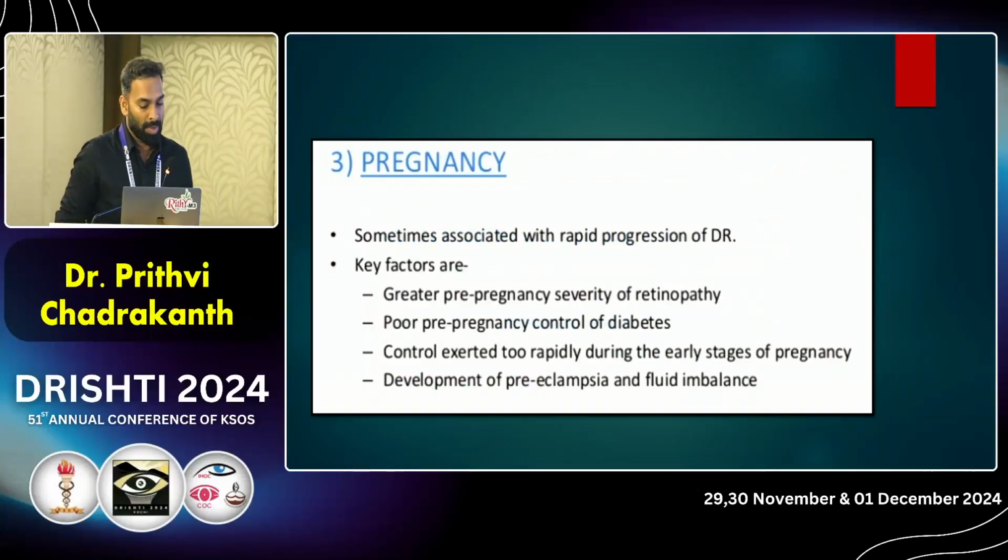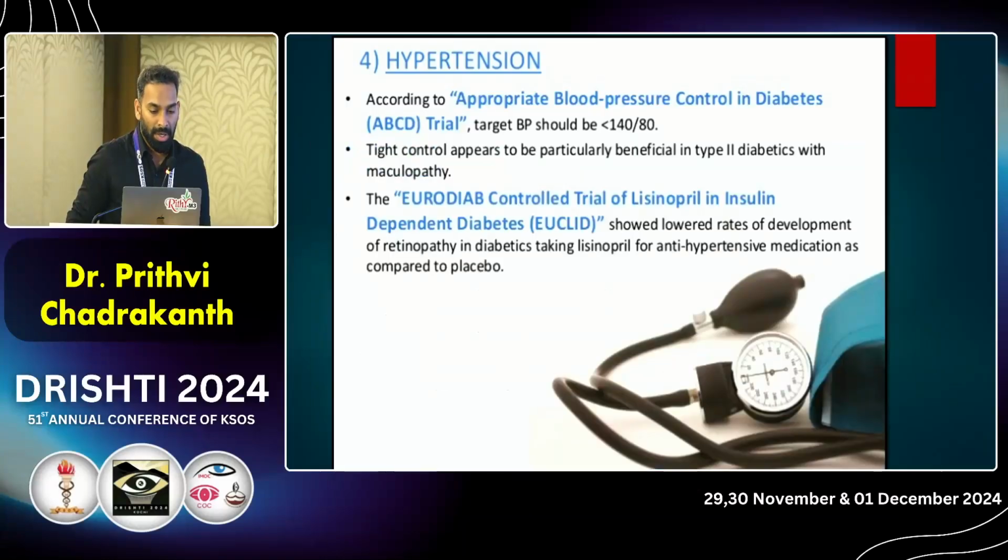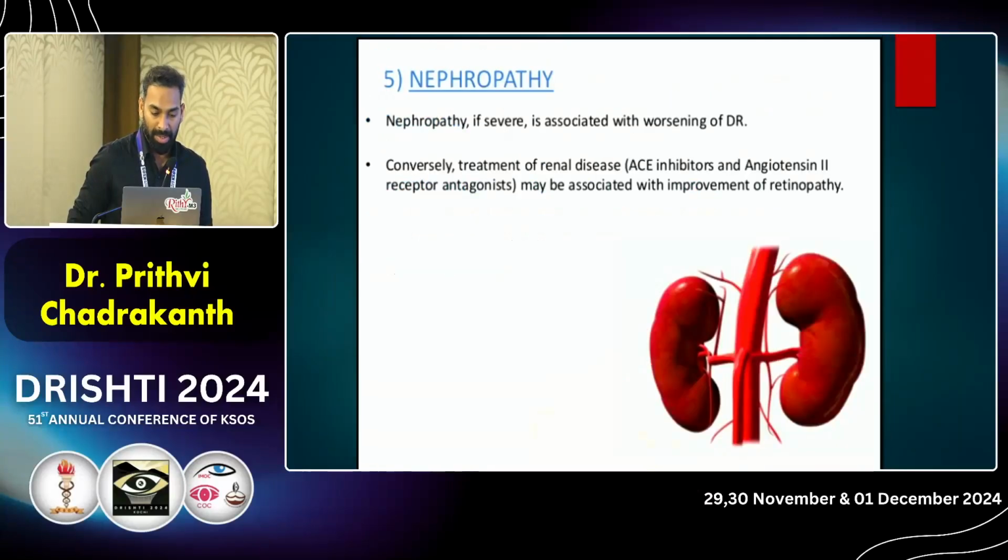Pregnancy is sometimes associated with rapid progression of diabetic retinopathy, and the key factors are greater pre-pregnancy severity of retinopathy, poor pre-pregnancy control of diabetes, control achieved too rapidly during the early stage of pregnancy, and development of preeclampsia and fluid imbalance. Regarding hypertension, the ABCD trial says the target BP should be less than 140 by 80, and EUCLID showed a lower rate of development of retinopathy in diabetics taking lisinopril for antihypertensive medication. Severe nephropathy is associated with worsening of DR, and conversely, treatment of renal disease may be associated with improvement of retinopathy.